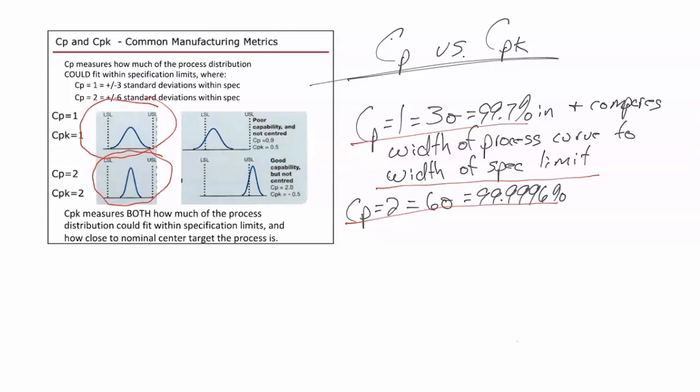What CP doesn't tell you is how close to the nominal dead center between the upper and lower specification limit are you? It just compares the width of the process curve to the width of your specification limits. So in this first example that I circled in red, we've got a CP equal to 2, very skinny curve as compared to our spec limits.